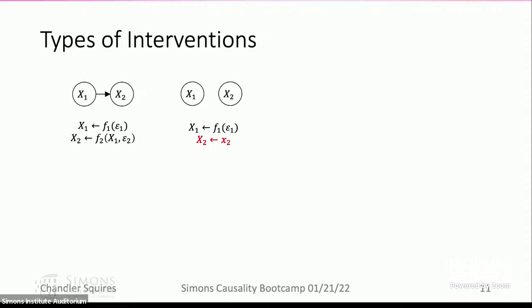This is a real practical problem in experimental design settings: not every intervention looks like the idealized intervention where you just set a variable to some value. Because of the history of do calculus and the notation of do, we're going to call these do interventions. There are other names for them out there.